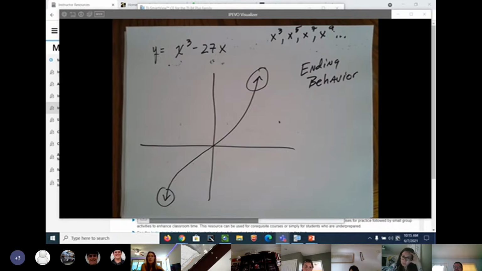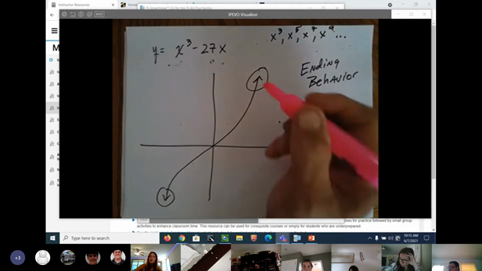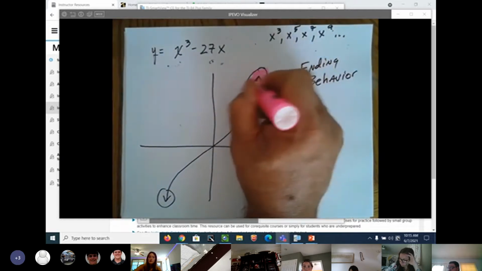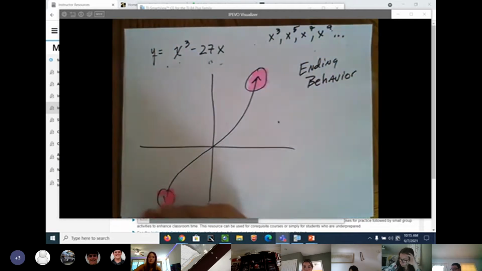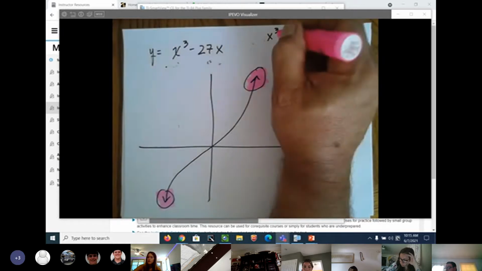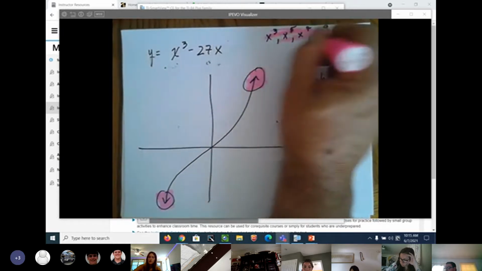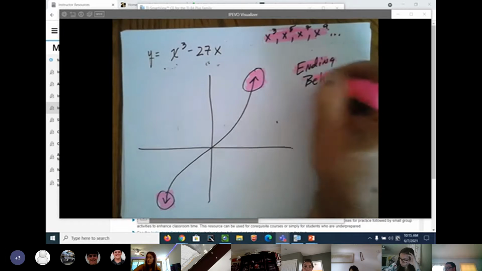The opposite direction, okay? So you need to write that down because that's a test question. It's not only a test question on my test, it's also a standardized test question. So if you have an odd function, the ending behavior is going to be in the opposite direction.